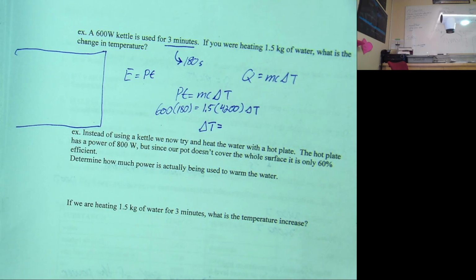I want you to tell me how long it's going to take my 1,500 watt kettle to heat 1.7 kilograms of water. We'll see how accurate we get that. Actually, no, we'll go for 1 kilogram. Let's do a liter, 1 kilogram of water.